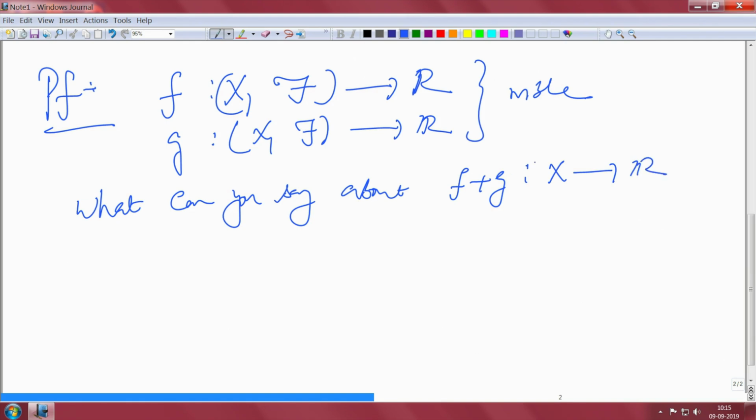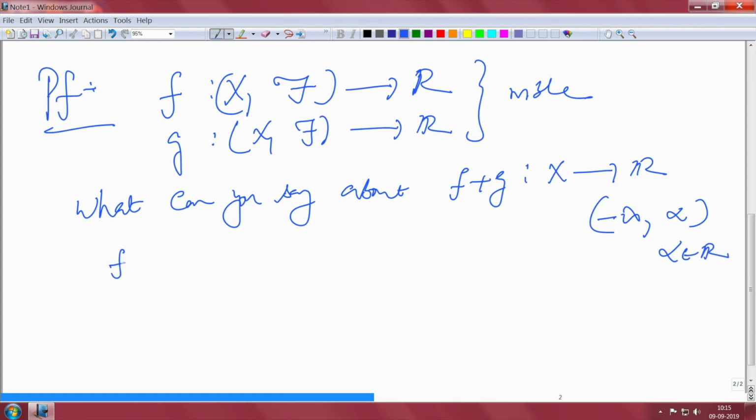Well, what do we do? We take the inverse image of certain Borel sets and see if we land in script f, right. So, recall that we do not have to look at all Borel sets in the real line, we need to look at only certain sets. So, we will look at sets of the form minus infinity to alpha, where alpha is a real number.